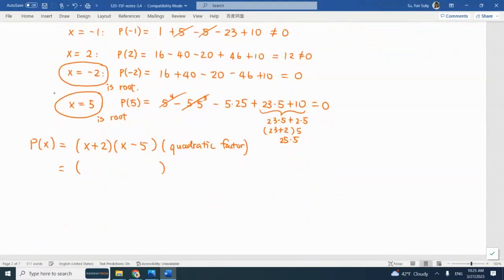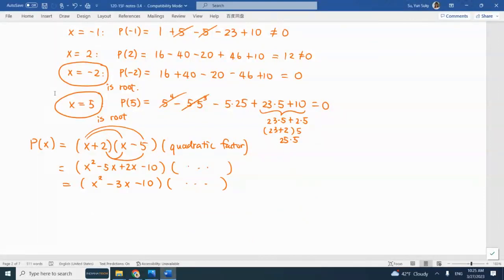So this is what? x times x, x squared, x times negative 5, negative 5x, plus 2x. 2 times negative 5 is negative 10. Right, so this is x squared, minus 3x minus 10.